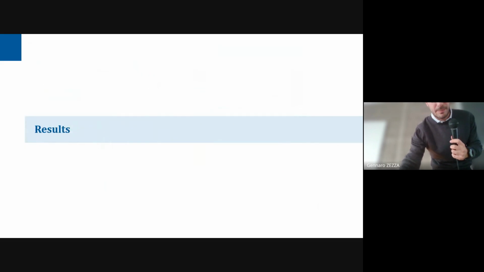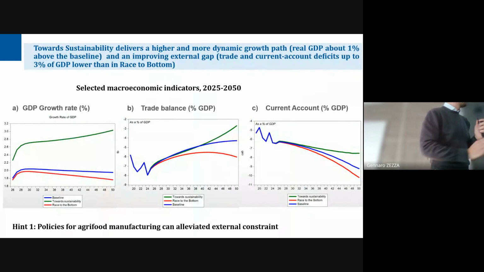The results, so this was the first run of the model, I would say, so maybe we have time to digest a little bit of this. But the first hint we have is that by investing in agri-food manufacturing activity, we can partially alleviate the external constraint. Of course, by the setting of these experiments, this is an expansionary policy, an expansionary package.